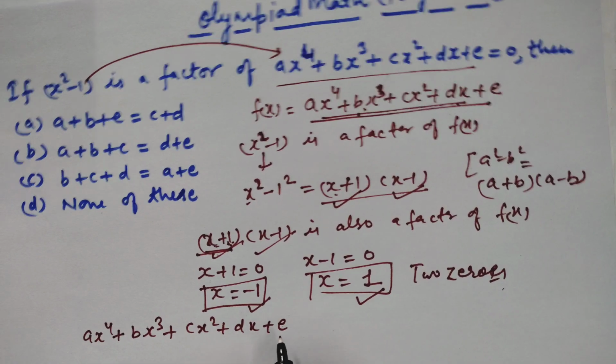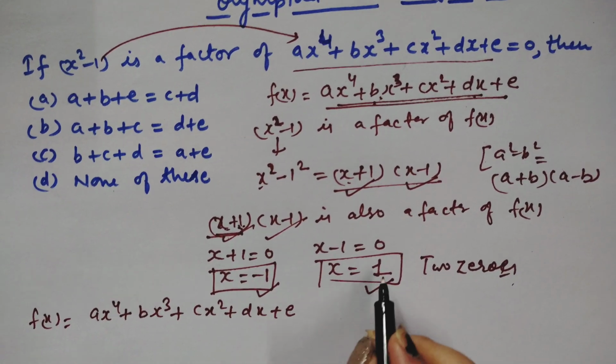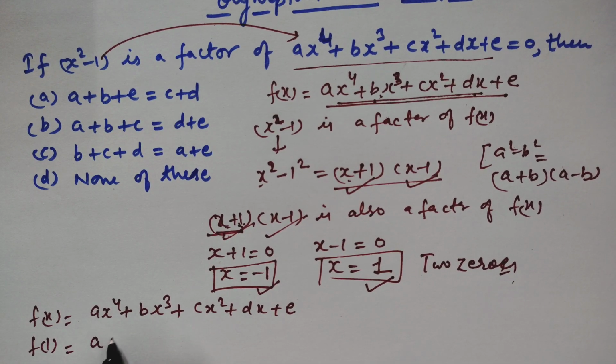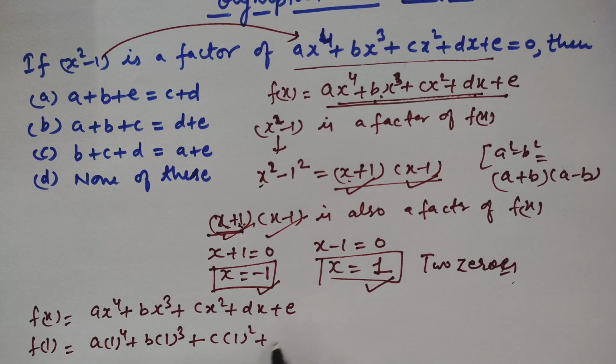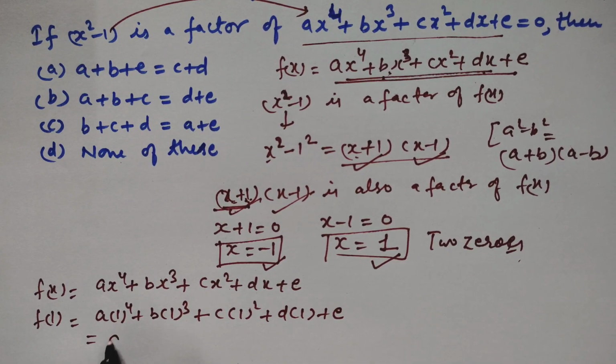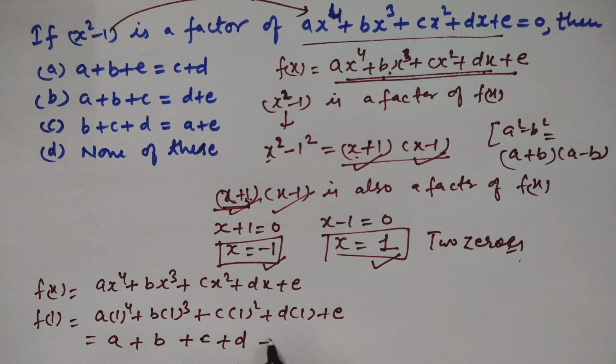e. So this is our f(x). First of all, x equals 1, we put x equals 1. So a times 1 power 4 plus b times 1 cubed plus c times 1 squared plus d times 1 plus e. Now it is a, 1 cube is 1 so it is b, 1 square is 1 so it is c, it is d, and it is e.